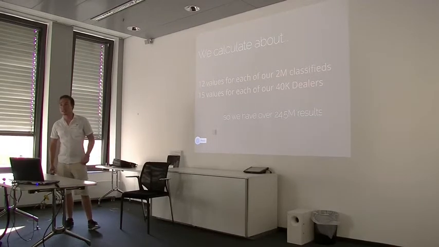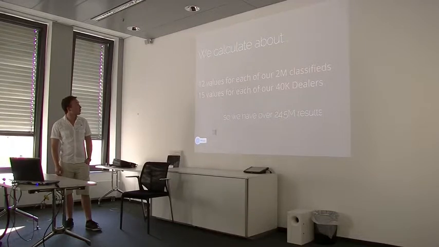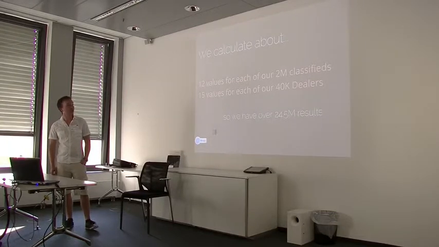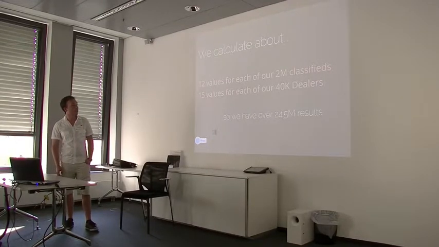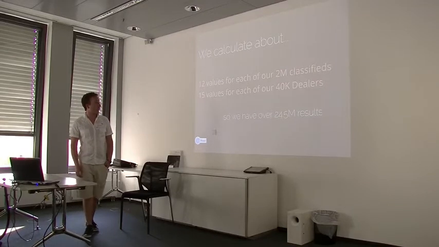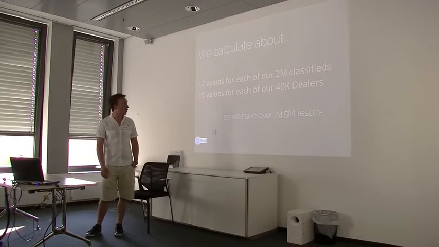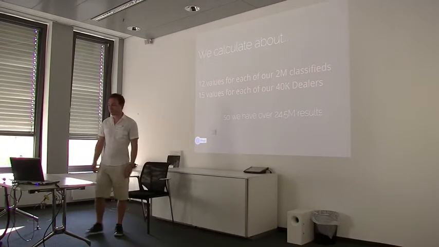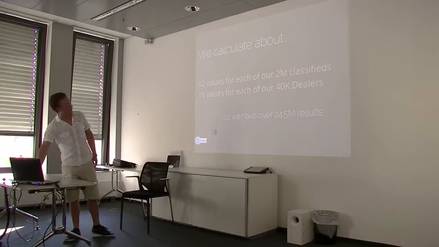After our aggregation, it will be 12 values for each of our 2 million classifieds and 15 values for each of our 40,000 dealers. So at the end, after our aggregation, it will be 24.5 million values we will get back.